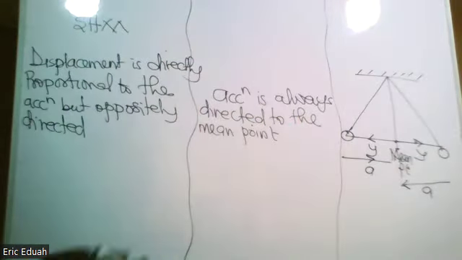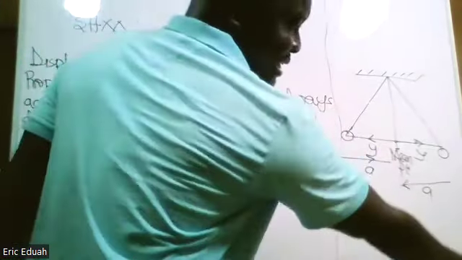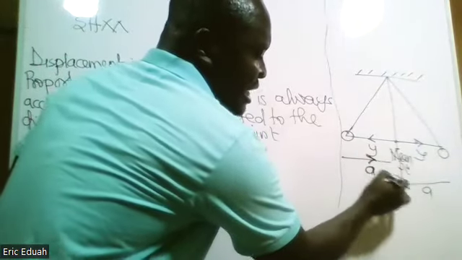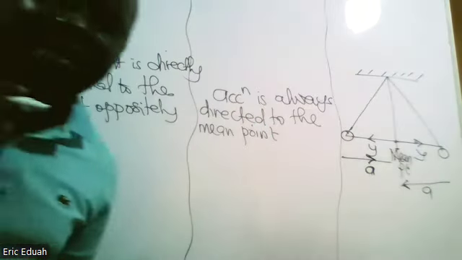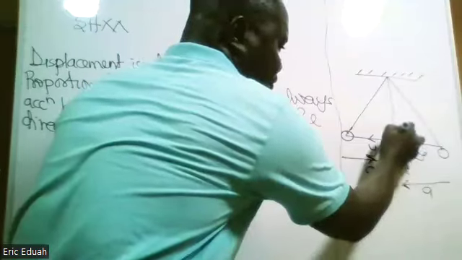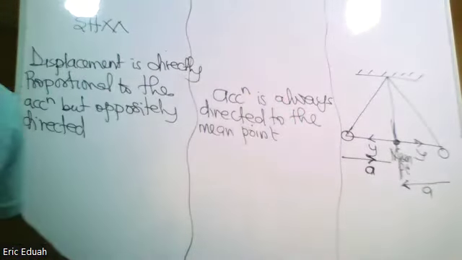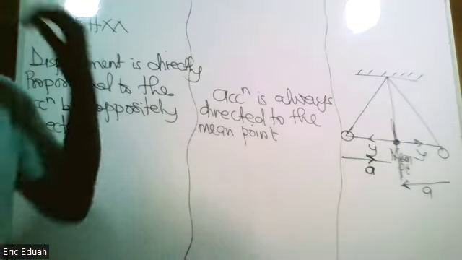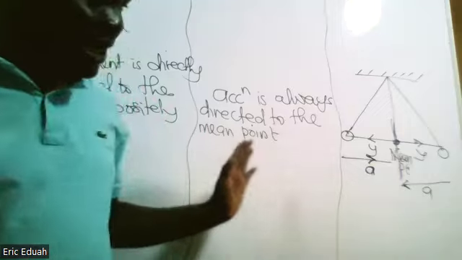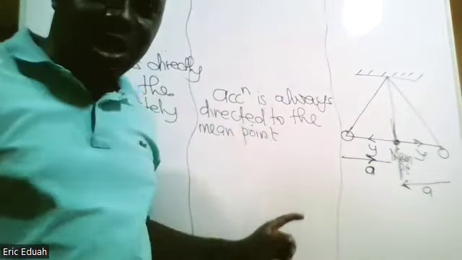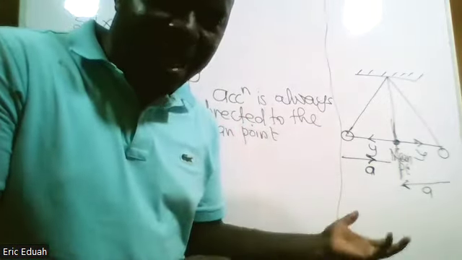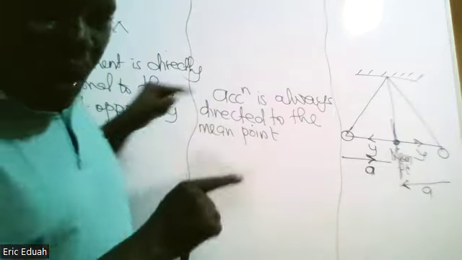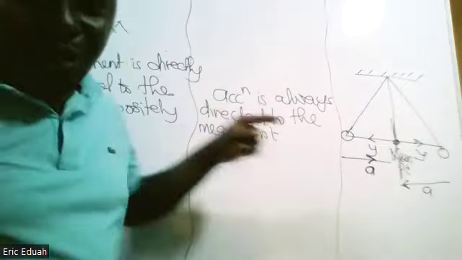But look at something. Whether you look at it from the right or from the left, you realize that the acceleration A in both situations is directed to where the mean point, the fixed point is. Please, can you see? Yes. So no matter how you look at it, whether displaced to the right or to the left, the acceleration of the body is always towards the mean point.